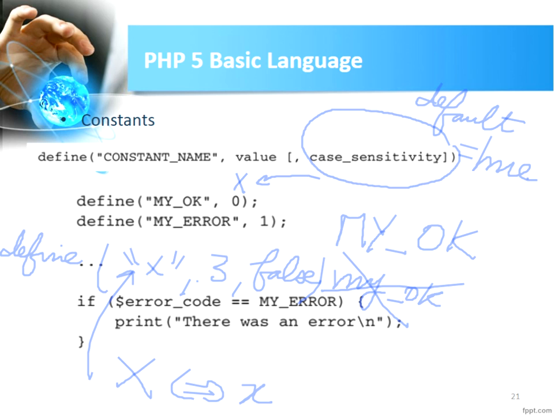Why? Because I specify that the sensitivity is false. So the default value is true, but if I specify that it is false, in this case I can use capital X or lowercase x. Any other questions?